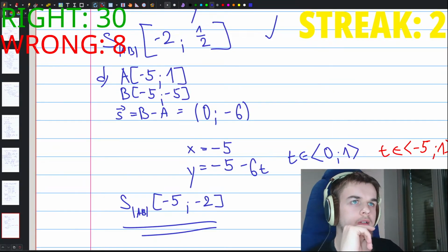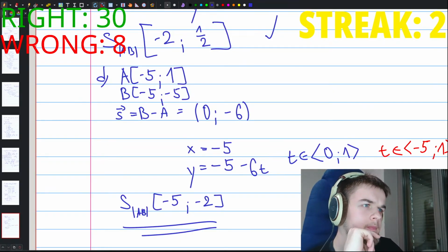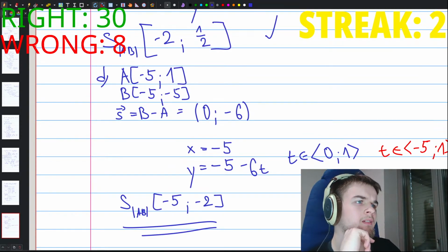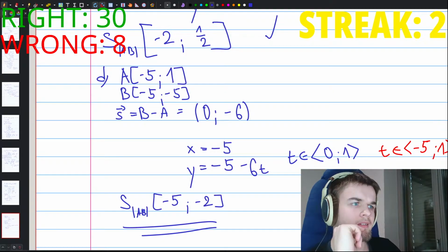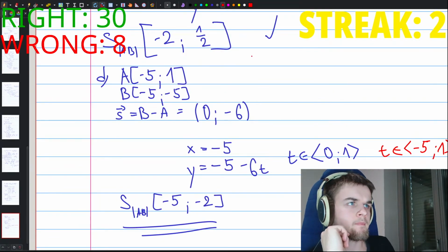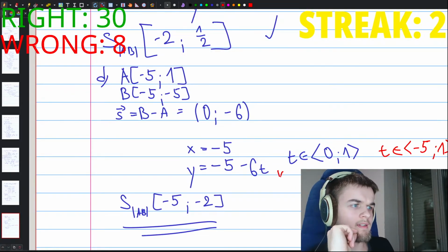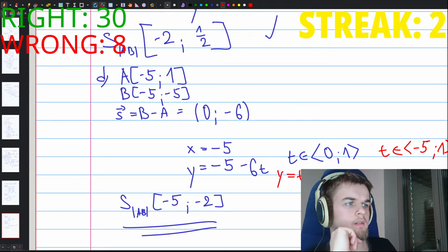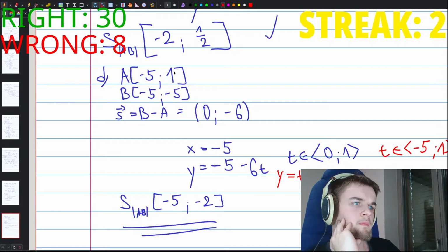Wait, let me quickly check their results. What? Why do they... y equals t. How did they get to that? So they have written y equals t. How? Even if you have 1 here. What?